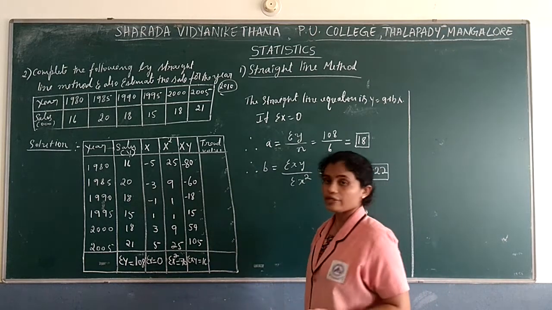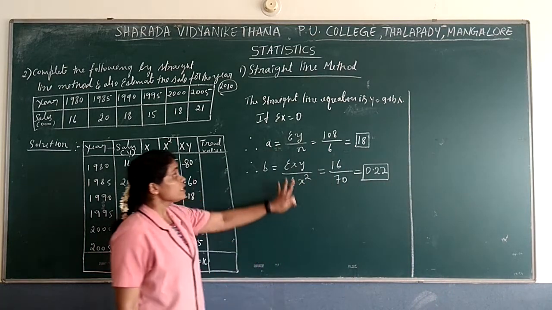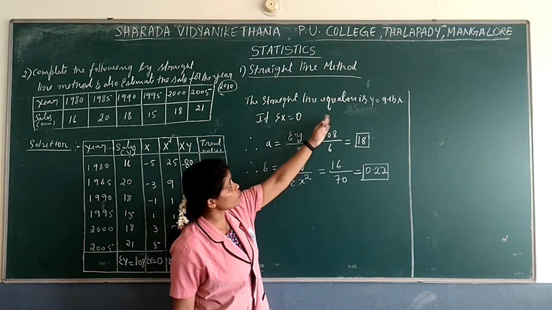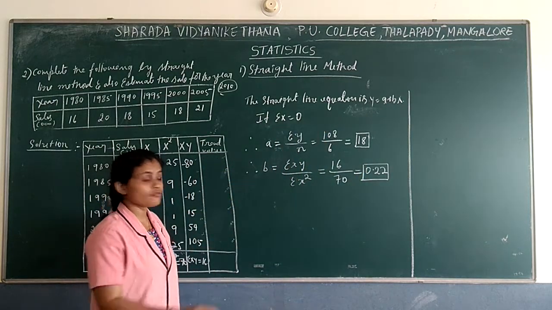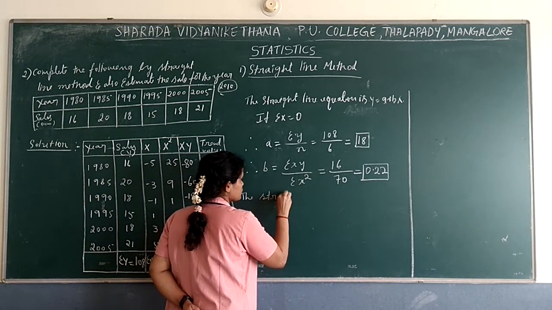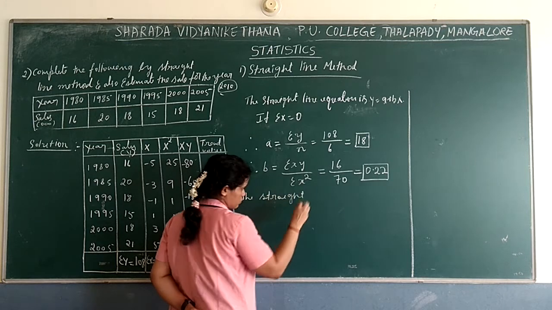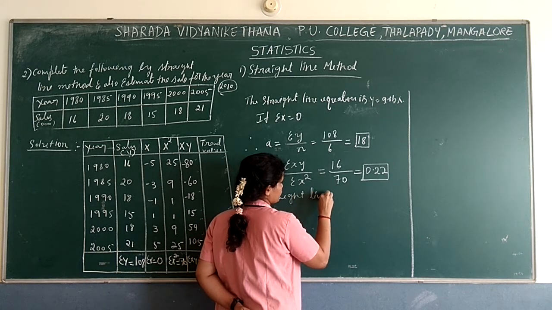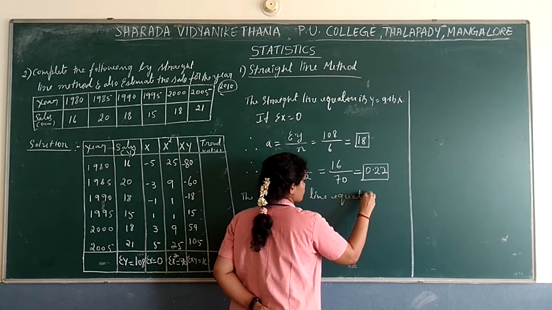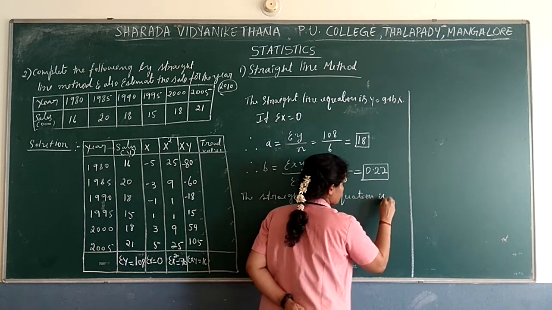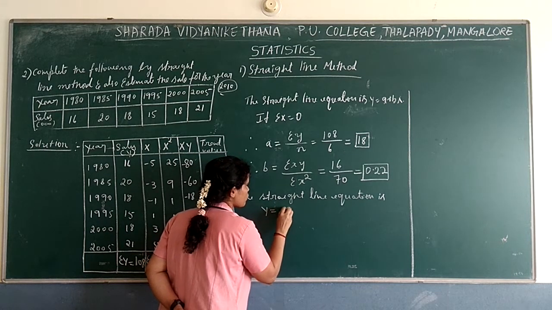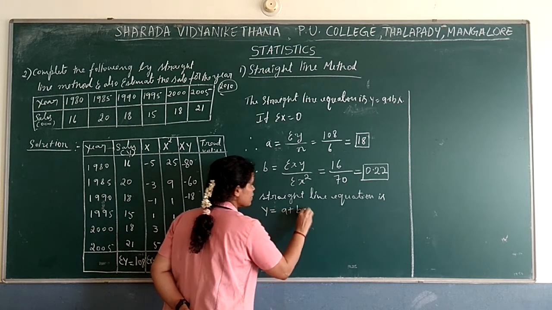Now we need to find out trend values. Before that, we'll substitute these constant values into the equation. Now what equation do we get? The straight line equation, y is equal to a plus bx.